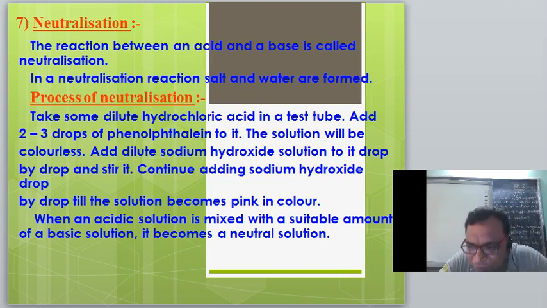Add some sodium hydroxide, NaOH solution, drop by drop, and the solution becomes pink in color. When an acidic solution is mixed with a suitable amount of basic solution, it becomes neutral. The change in color indicates that the solution no longer remains acidic. So the colorless solution of phenolphthalein in the acid becomes pink after adding the base. And the base reacts with the acid and makes the salt.